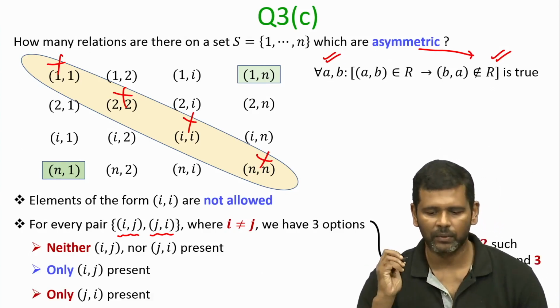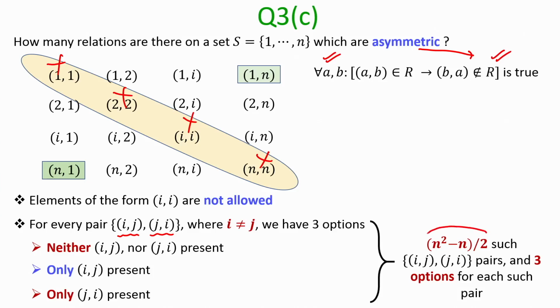So I have 3 possibilities here, and there are (n square minus n) over 2 such pairs. Since I have to exclude the diagonal elements, I only consider the non-diagonal elements, and these are the total number of asymmetric relations.